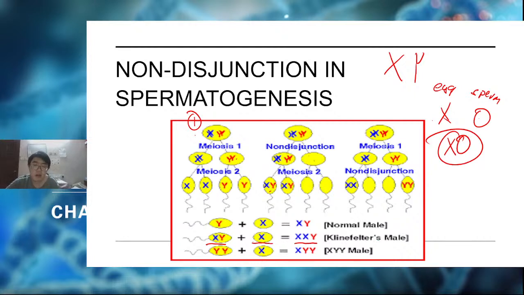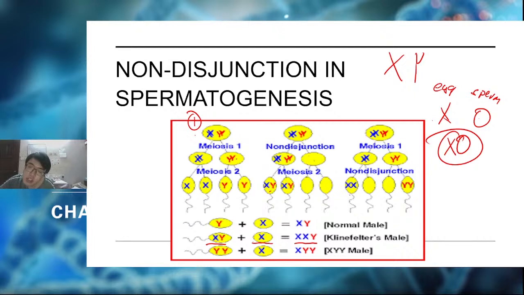Okay. Then if the non-disjunction occurs at meiosis 2, in meiosis 1 the cells produced are normal. There are 2 cells, one containing only the X chromosome and the other containing only the Y chromosome. Since meiosis 2 undergoes non-disjunction, the sex chromosomes cannot be separated.